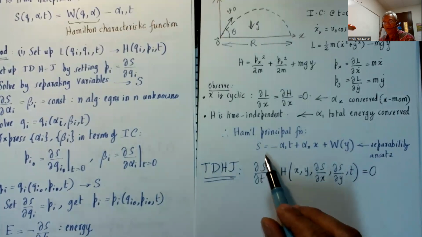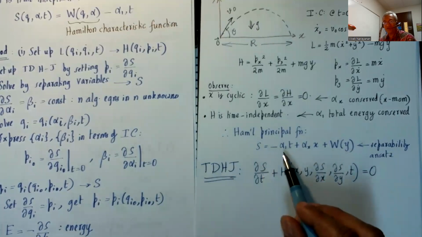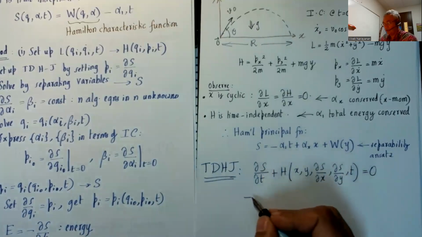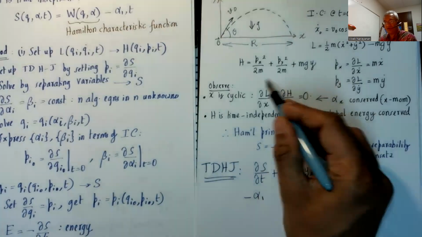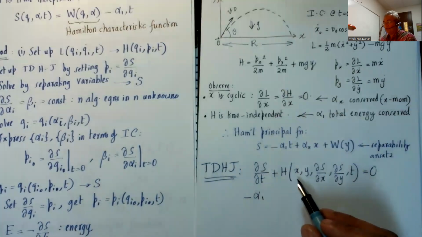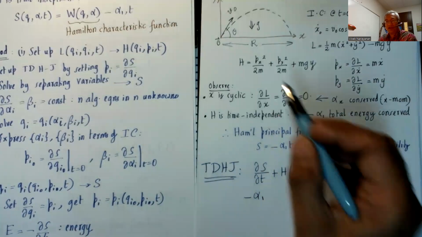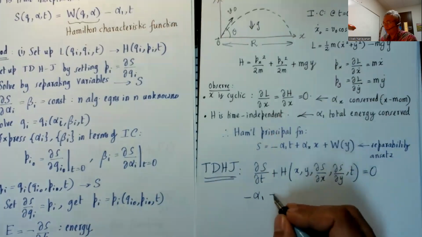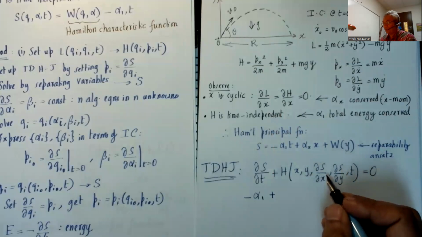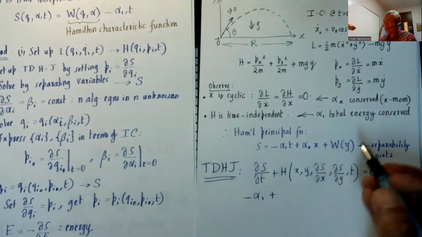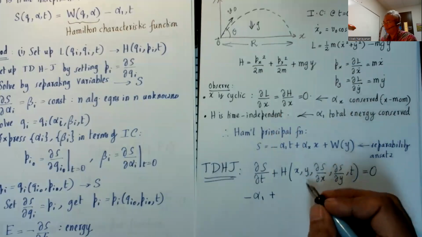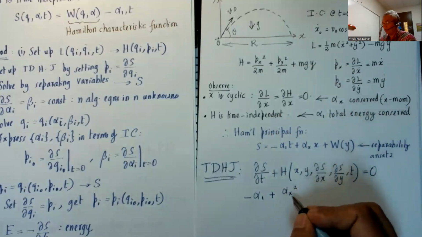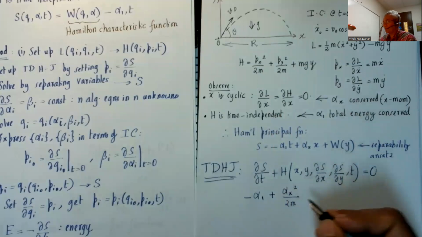Because S has got that appearance, del S by del t is just negative alpha 1. The Hamiltonian is right there, so all I have to do is stuff these things inside the Hamiltonian. So alpha 1 plus, for del S by del x, the x momentum is just alpha x, so that's going to give me alpha x squared over 2m.